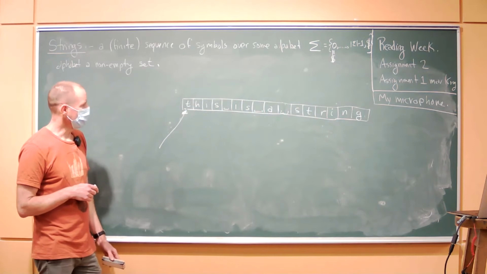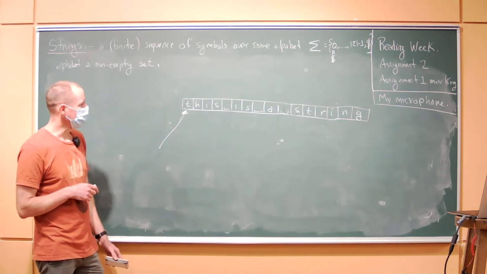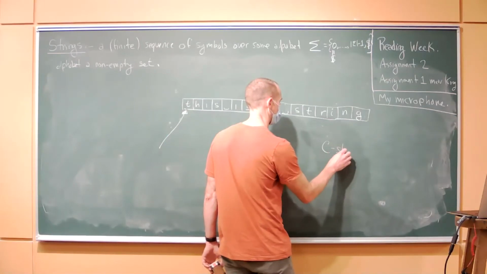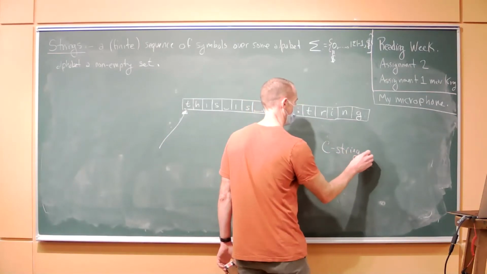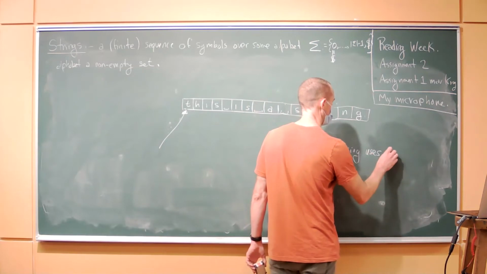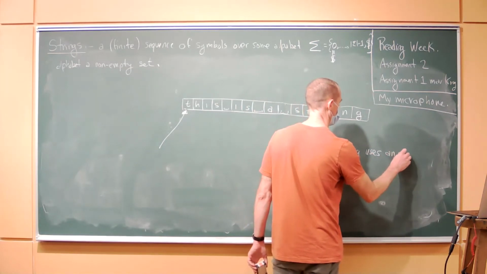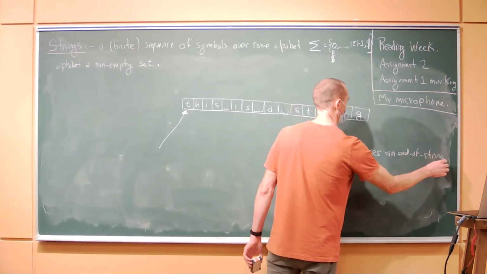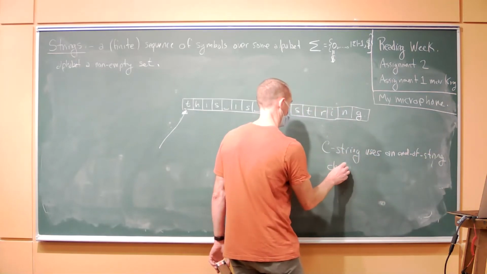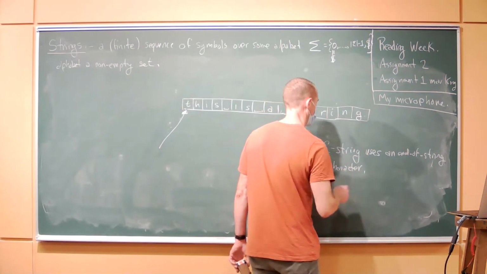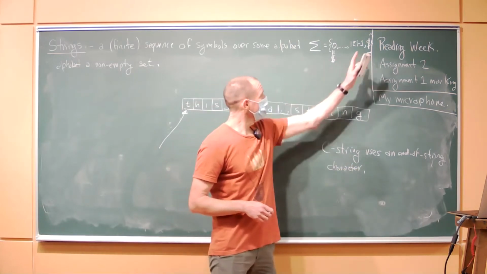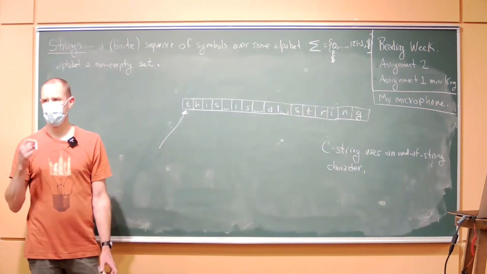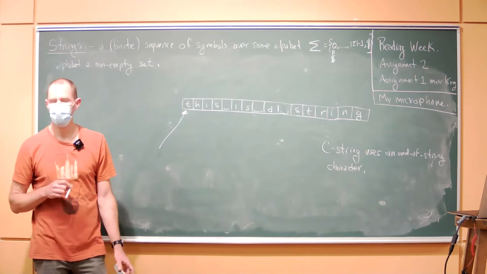And there's two ways to deal with this. A C-style string uses an end of string character. So one special letter in this alphabet is reserved so that it's only allowed to appear at the end of a string.